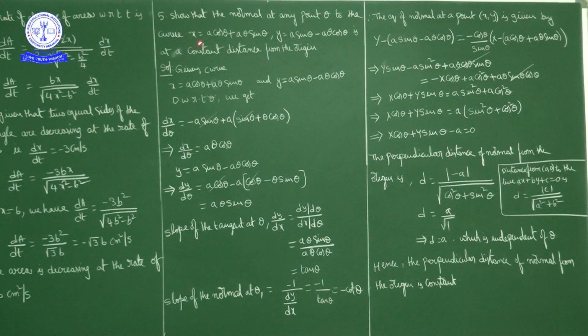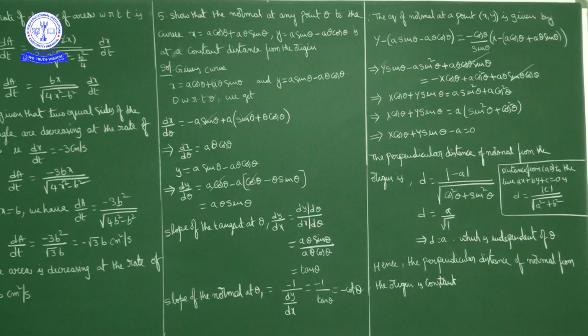Now we'll start. What is given? x is equal to a cos theta plus a theta sin theta, y is equal to a sin theta minus a theta cos theta. Now differentiate with respect to theta. First, dx by d theta is equal to a constant, cos theta derivative is minus sin theta, so minus a sin theta, plus a into the derivative of theta sin theta.